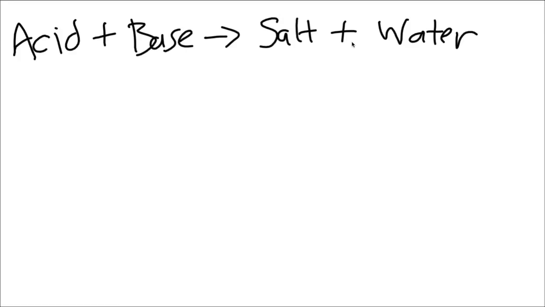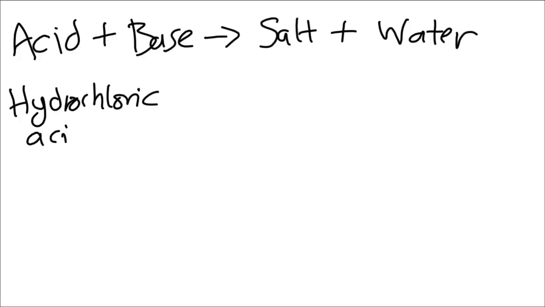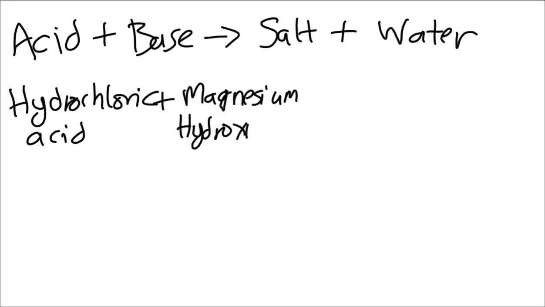So if we have a look at what actually happens in your stomach when you take an antacid, the hydrochloric acid reacts with the antacid, in this case it might be magnesium hydroxide, and this will produce our salt.